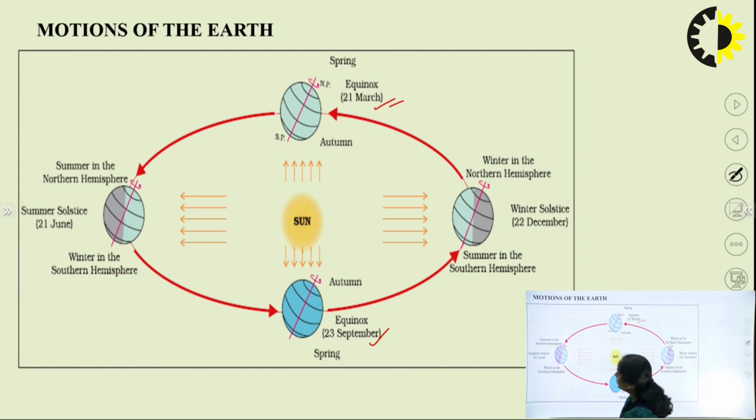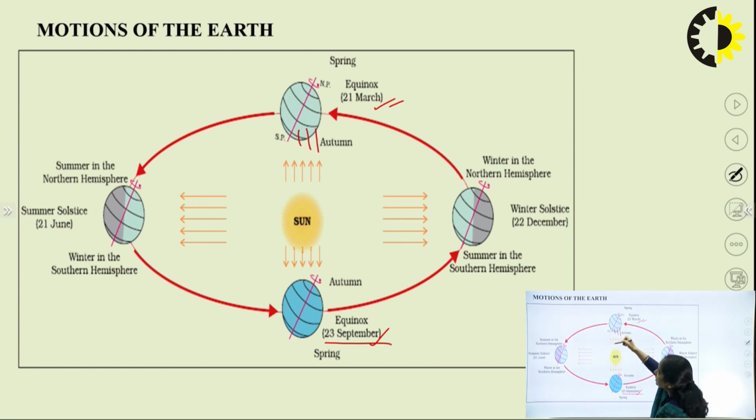In summer, solstice is there around 21st June. In the autumn season equinox will be there on 23rd September, and here again winter solstice will be there around 22nd December.